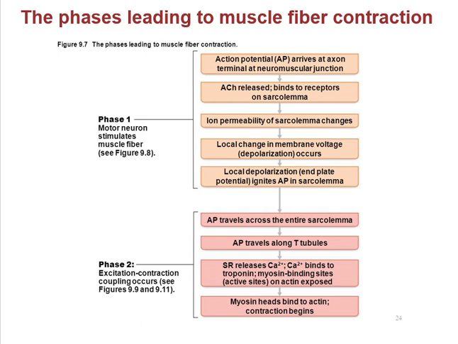At the axon terminals in the neuron, when the impulse, the action potential, arrives, it causes the release of a chemical called acetylcholine. Acetylcholine then travels across the space between the neuron and the skeletal muscle fiber plasma membrane and binds to receptors on that plasma membrane, or on the sarcolemma.